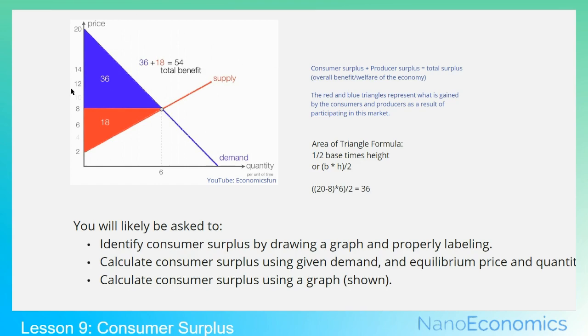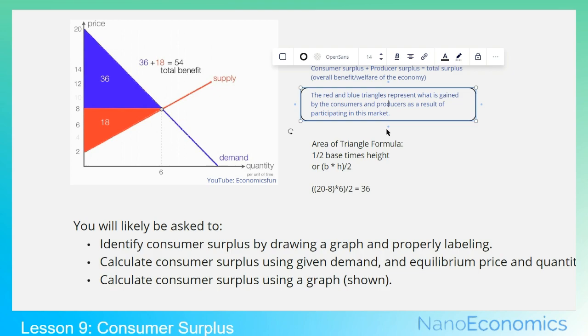So that brings me to this point over here, which is that the triangles of surplus value represent what is gained by producers and consumers as a result of their participation in the market.